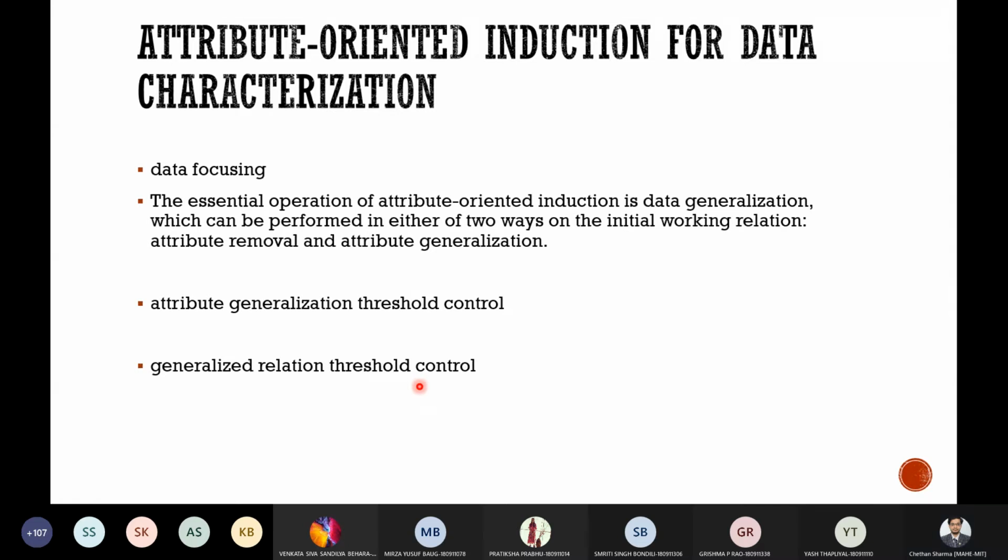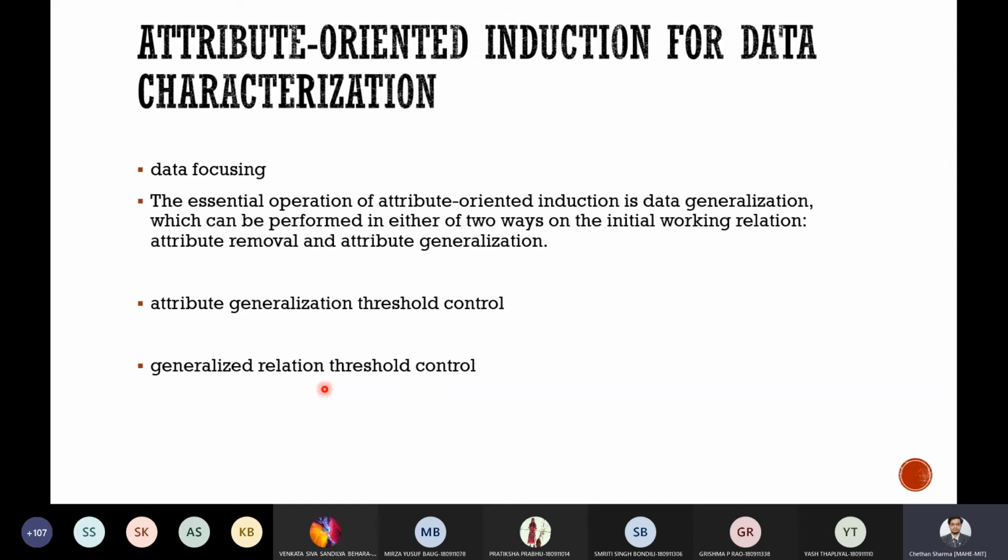If it is within or below the threshold, then no generalization has to be performed. The threshold for the second technique is usually between 10 to 30, but again, it should be adjustable. There should be an option for the user or the expert to change the values.